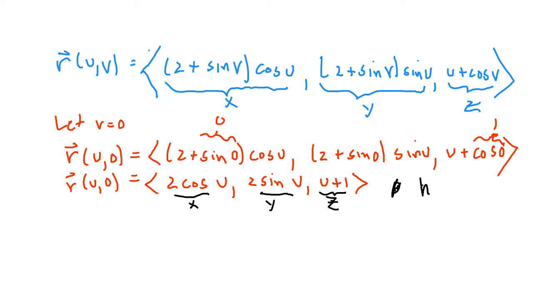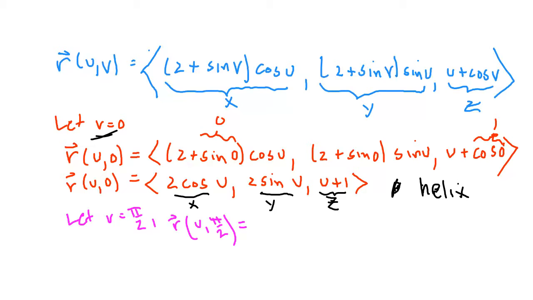So, do you recognize this as a helix? Yeah, this is a helix. And by the way, if we were to let v equal pi over 2, then you'd have r of u comma pi over 2.